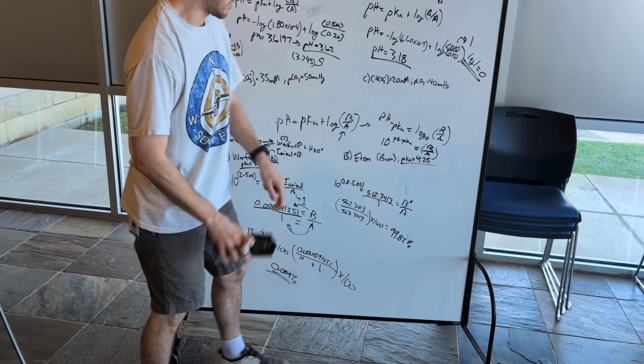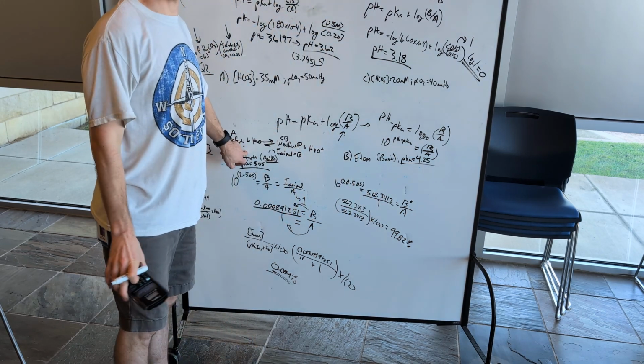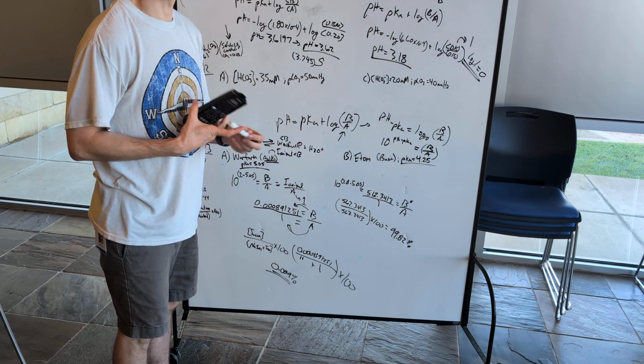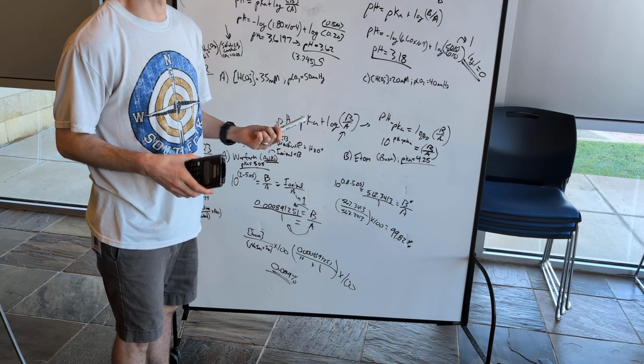So it's saying that almost 100% of this warfarin, that's an acid, is ionized in the small intestine, which means that if it's in its ionized form, it's not going to absorb there as readily.